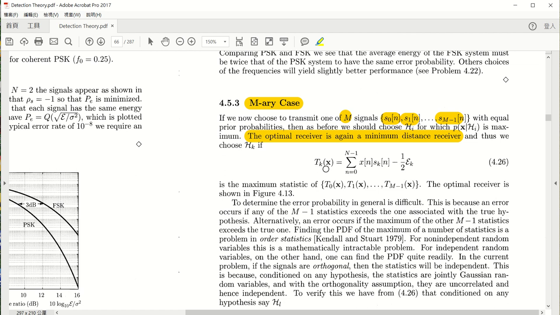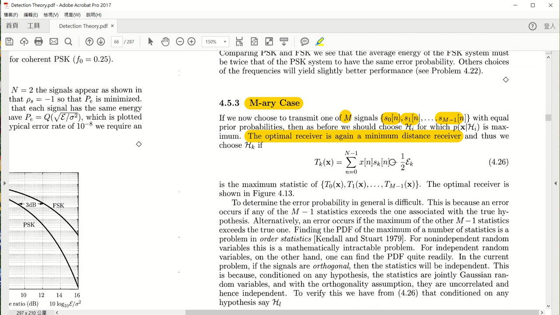For example, subscript 0 will correspond to signal 0, subscript 1 will correspond to signal 1, subscript 2 will correspond to signal 2. Then minus its signal energy as some kind of adjustment. And this is actually the maximum likelihood, except that we are not deriving it here.